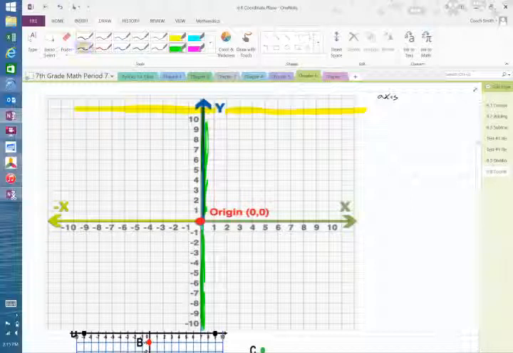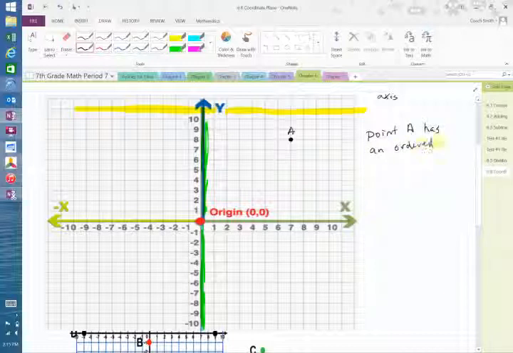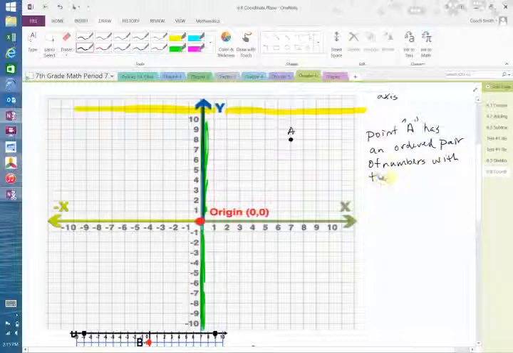Now, in the coordinate plane, we are going to have points. For example, if I have that point right there, we'll call it point A. Point A has an ordered pair of numbers with the point.